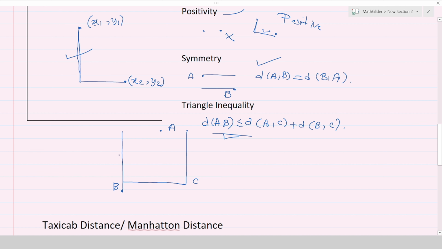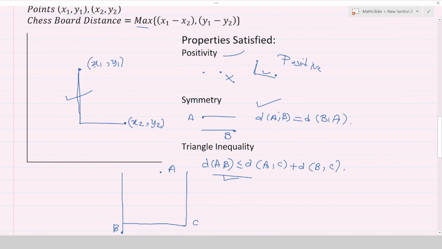So check. The distance between A and B is this, A and C is this, and B and C is this. You can easily see that the length of this line plus the length of this line is greater than or equal to the length of this line. So you can see that the chessboard distance also satisfies the triangle inequality property.